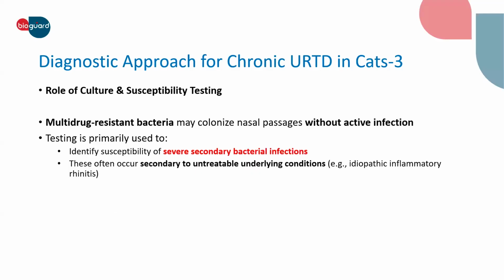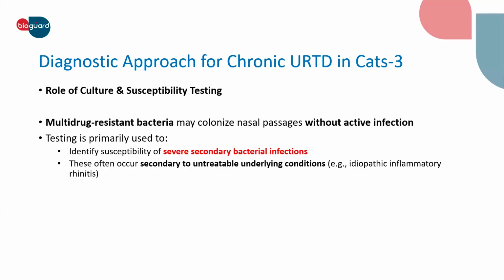Antimicrobial treatment of this cat might provide relief from severe clinical signs, but it should be recognized that this cat will continue to be predisposed to opportunistic infections, often with antimicrobial resistant bacteria.